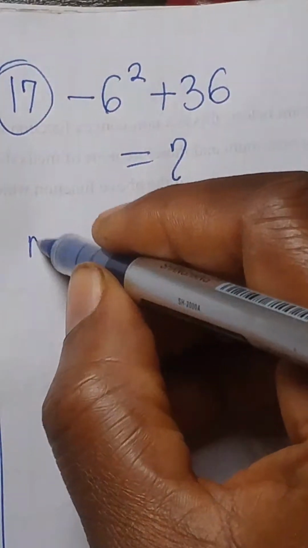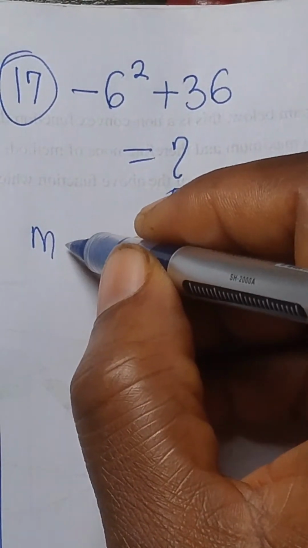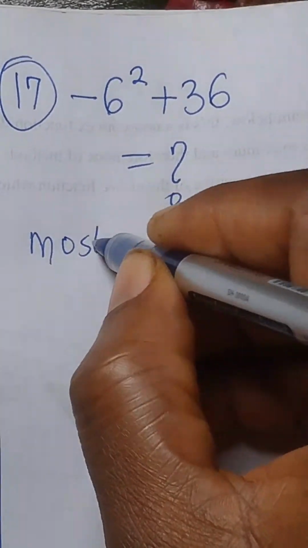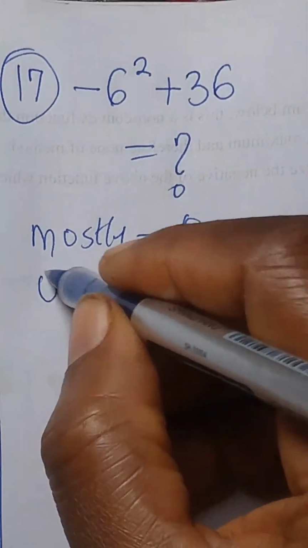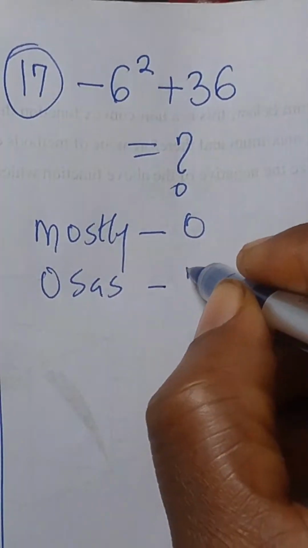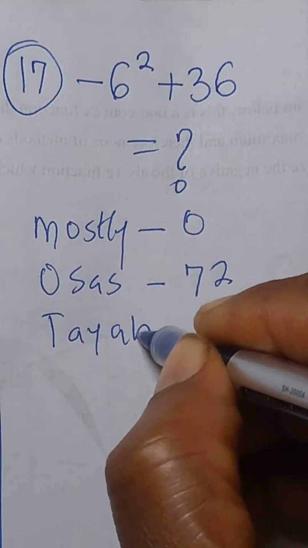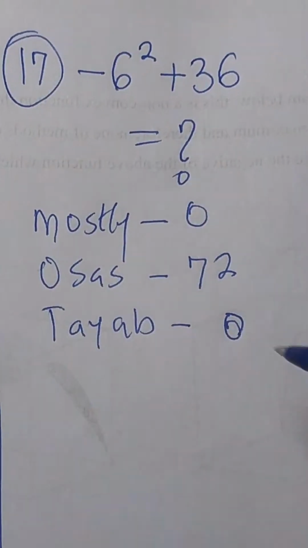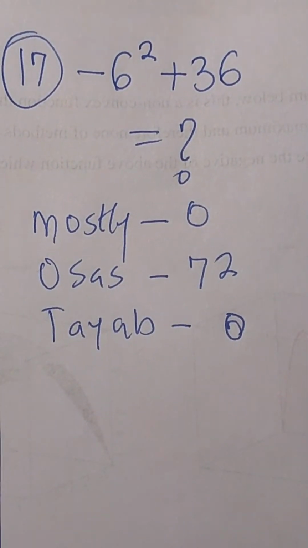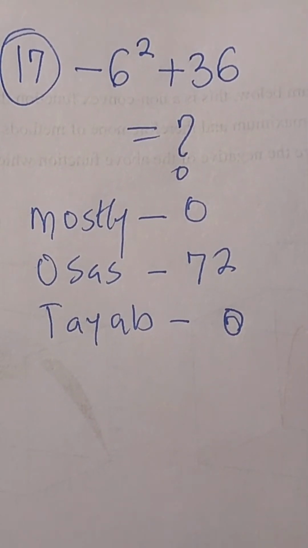Mostly got it first, and then Osaz, the previous question. All right, so let's work on this. Osaz says 72, and Tayab, thank you for joining us. This is my first time seeing you. So please, more answers. We have 7 persons and we have gotten 3 answers. Please, we need 4 more answers. Please solve it. It's for you, not for special people.